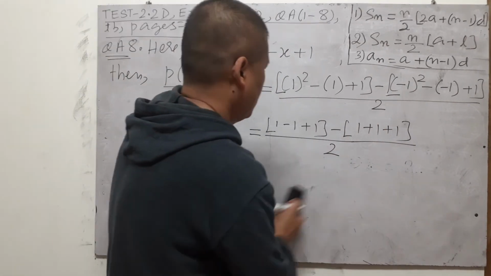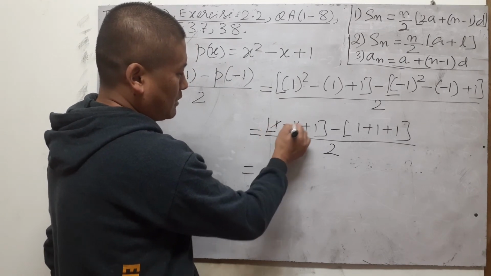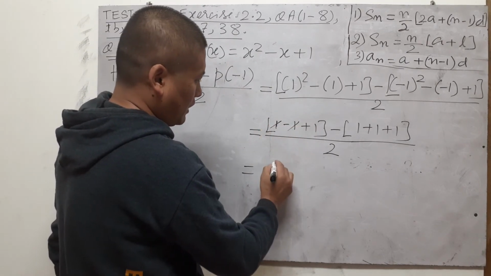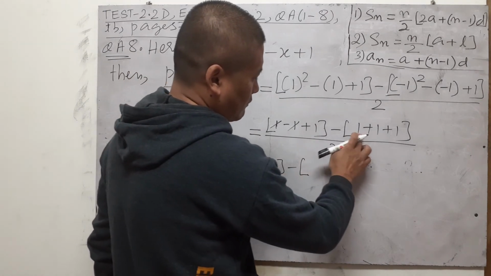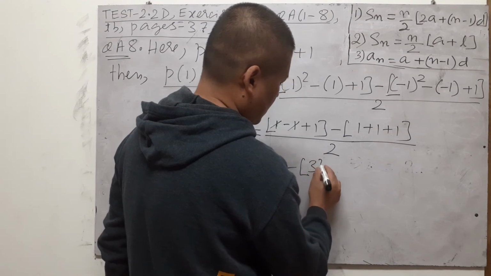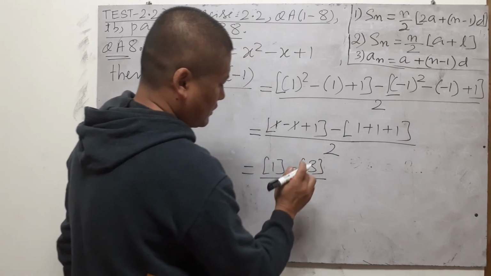As we go on, plus 1, plus 1 minus 1 is 0, so we're left with 1, minus, then plus 1 plus 1 plus 1 is plus 3, divided by 2.